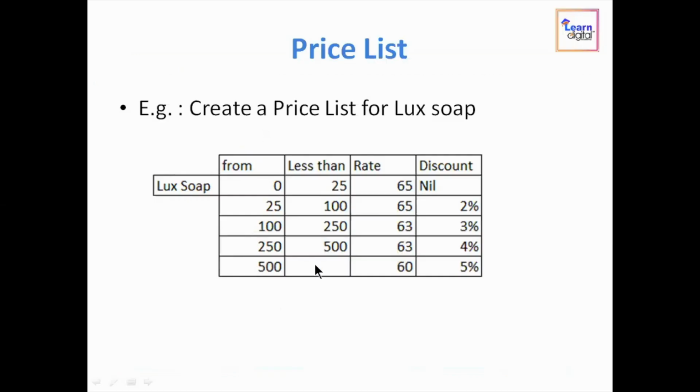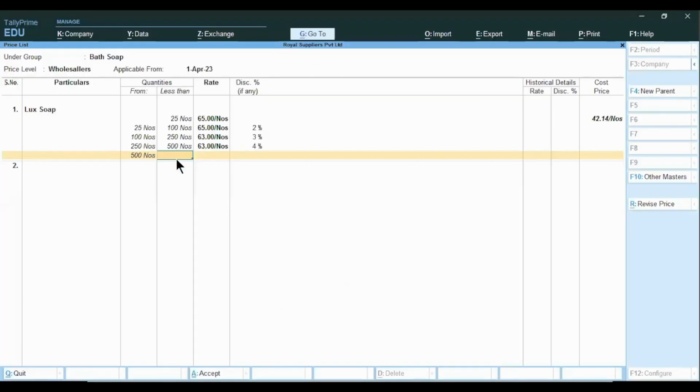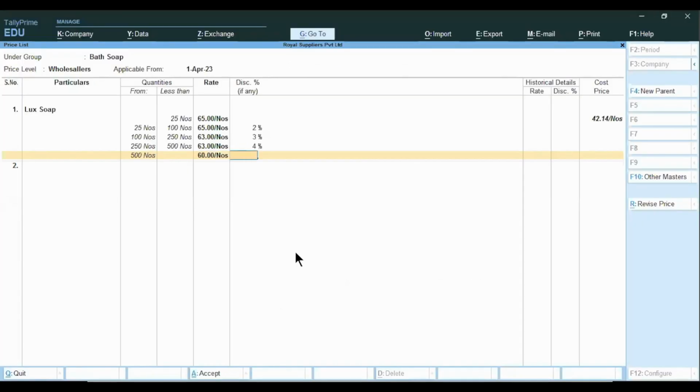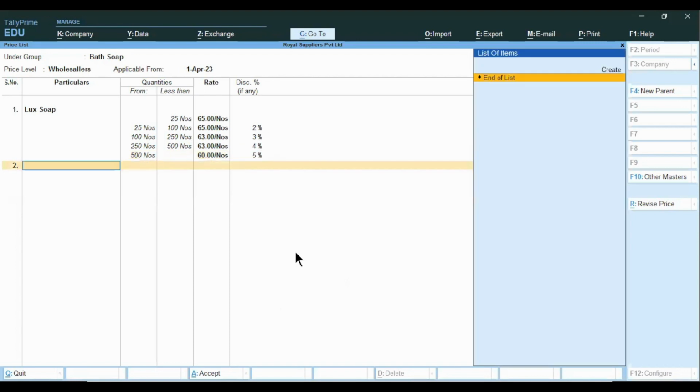And above 500, there is no less than amount or less than quantity available. So just leave this less than column, press enter, and the rate will be 60, discount will be 5%. Enter. If you have another stock item, create a price list for that particular stock item.